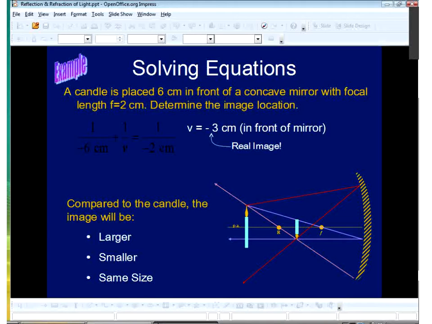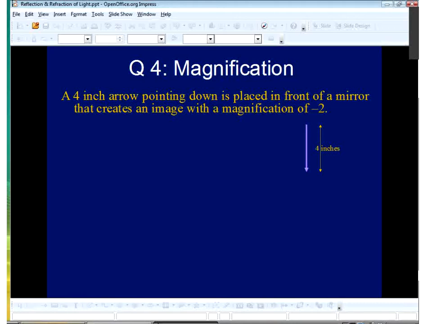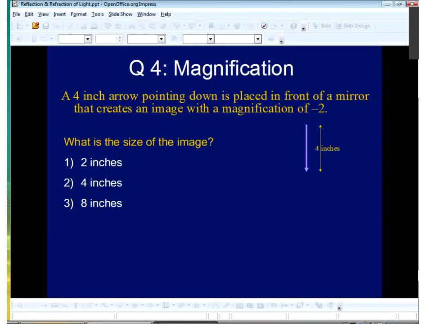Compared to the candle, the image will be larger, smaller, or the same size. Try this.